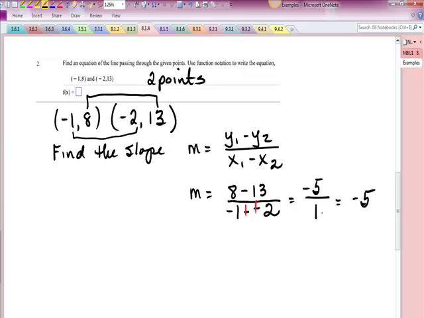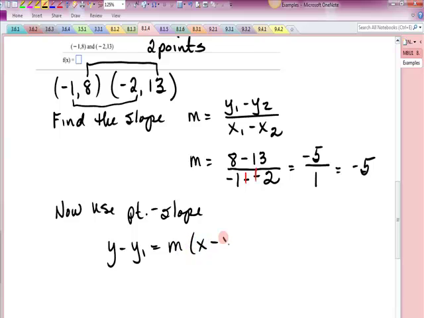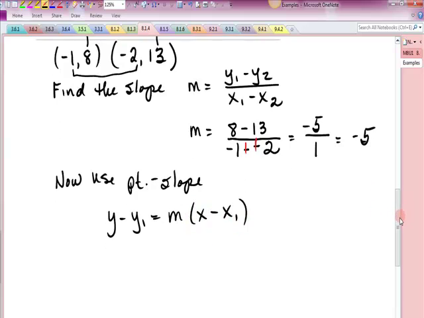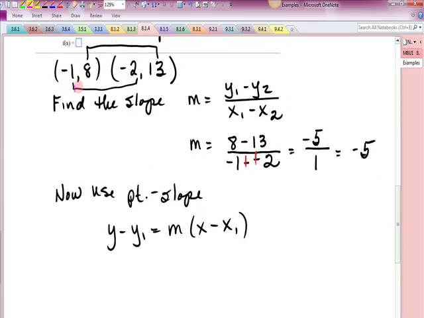If this would be a fraction that doesn't result in an integer, then you just use a fraction. That's the slope. All right, so now use point slope. Y minus y1 is equal to m times x minus x1. All right, this time I choose this point, and I've calculated this slope. And it does not matter which point you choose.